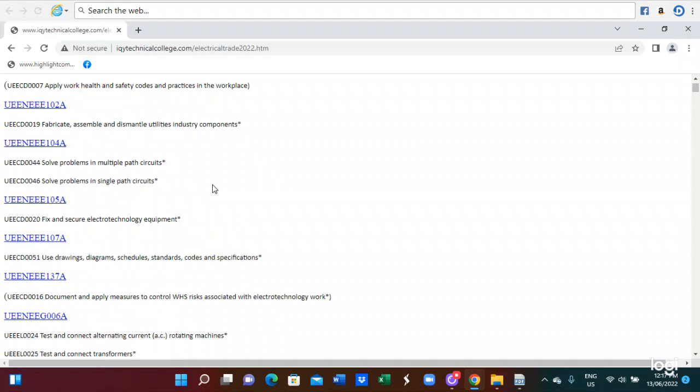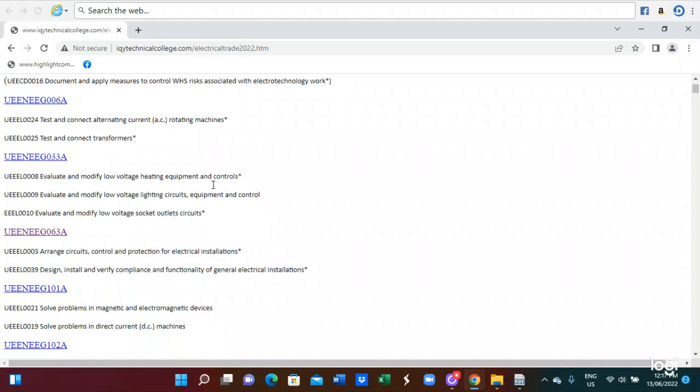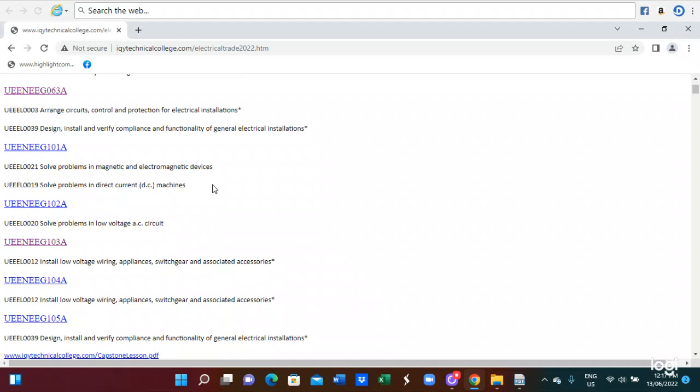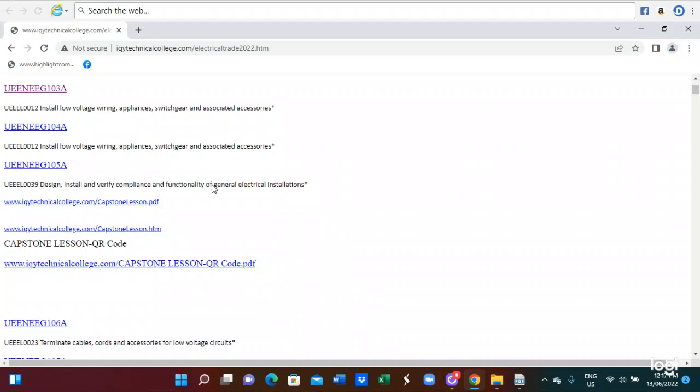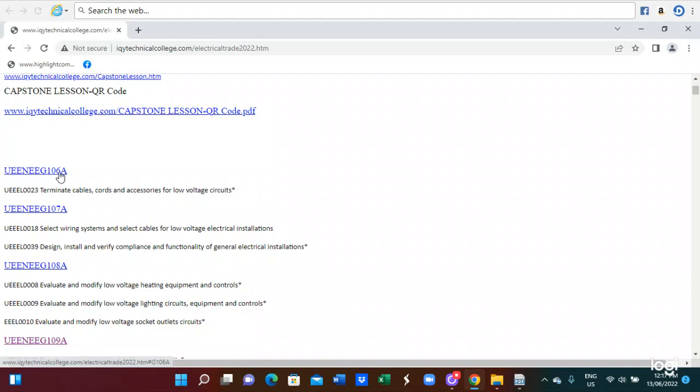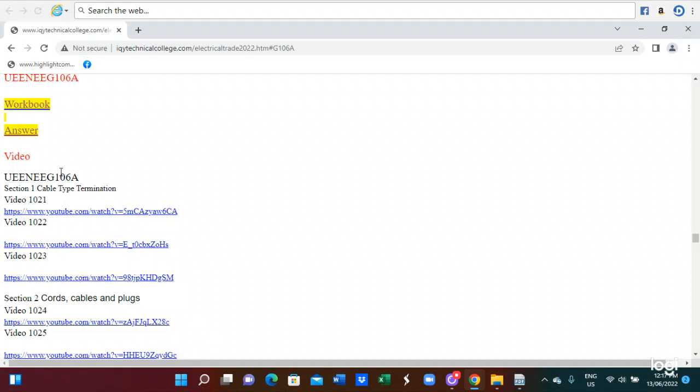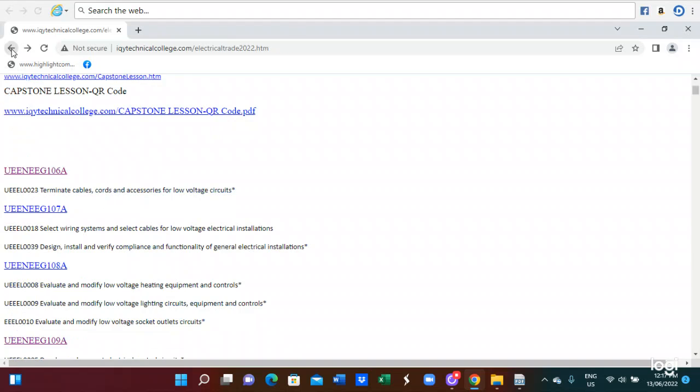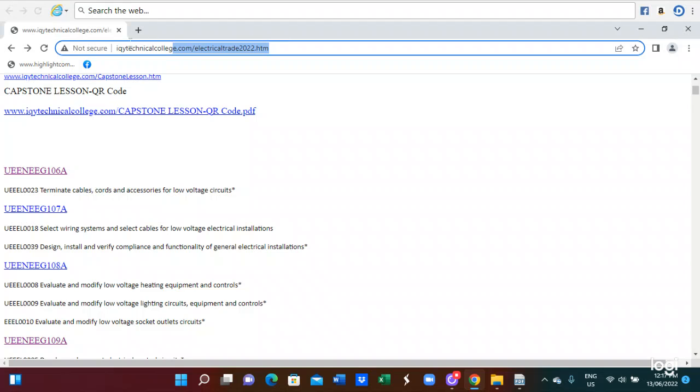Last week I told you to read the G103. Now you have to read the G106. So go to this site: ijoinedcollege.com/electricaltrade2022.htm. This link here.